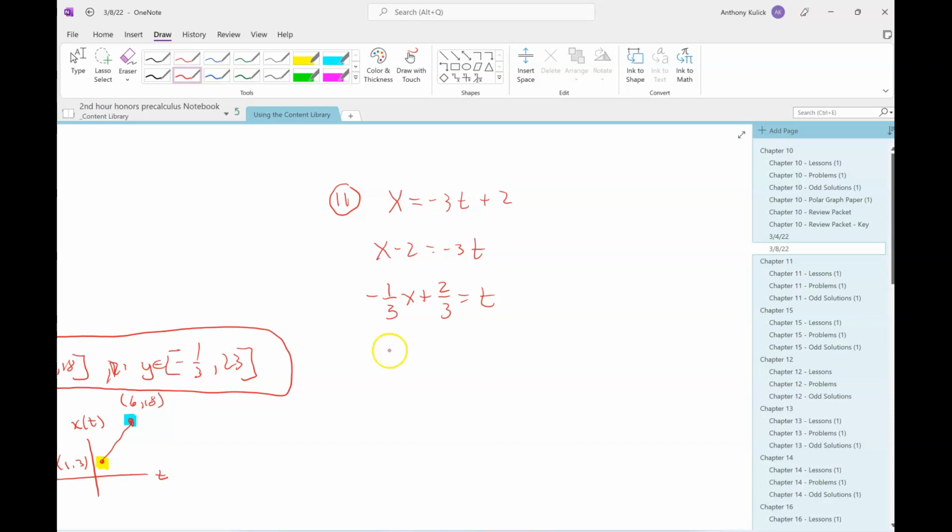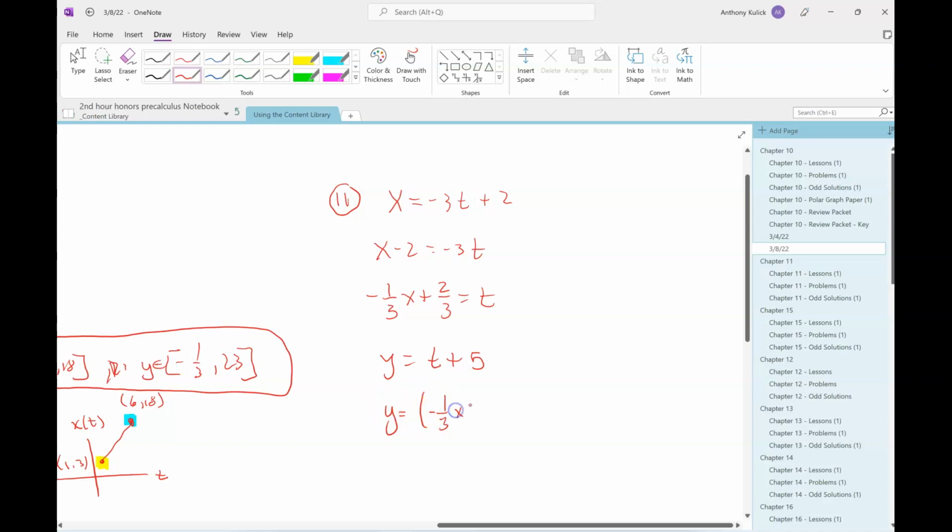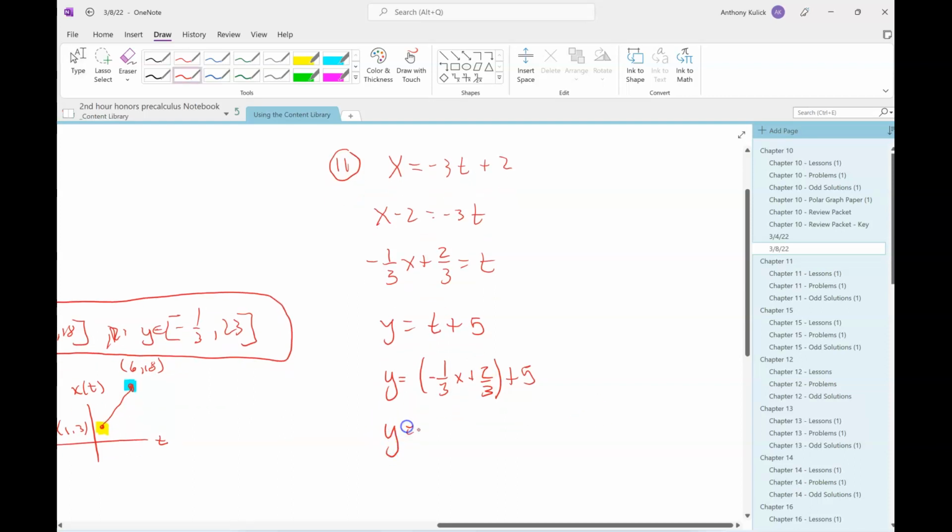And then I'll take my parametric equation for y and plug the value for t into that. And then when I make a common denominator and combine my like terms there, there's my Cartesian equation.